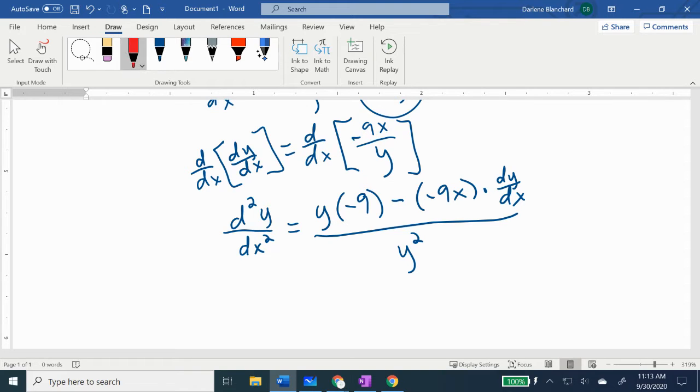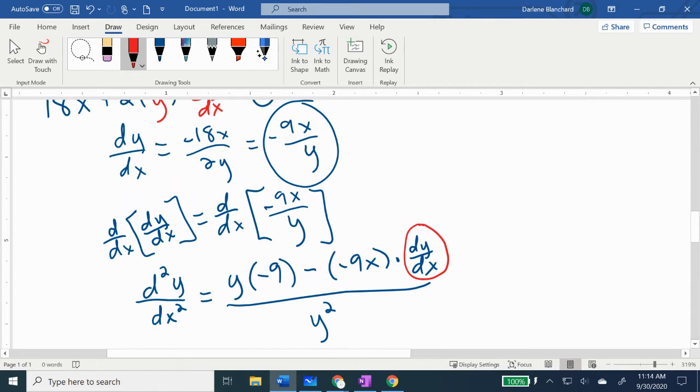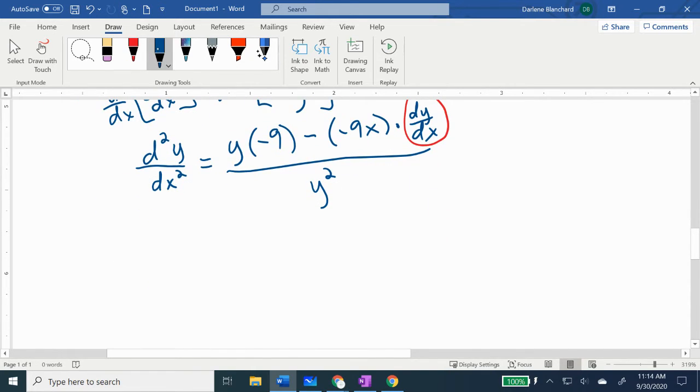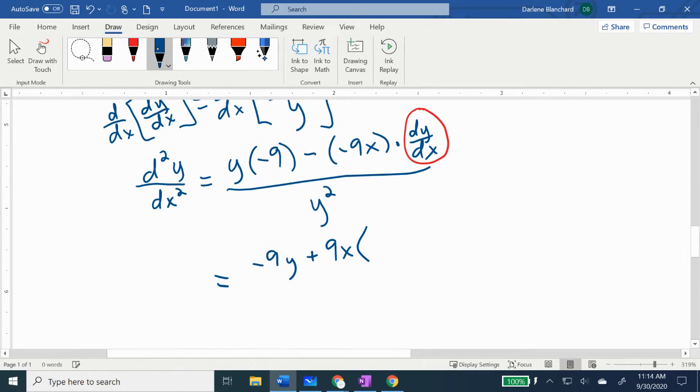But we don't go because we need to write the second derivative in terms of x and y. So we need to substitute what we already know dy/dx is equal to, negative 9x over y, into the dy/dx and then simplify. So I have negative 9y, two negatives make a positive 9x, multiplied by, again, dy/dx is negative 9x over y.